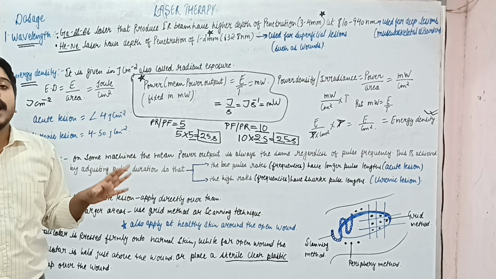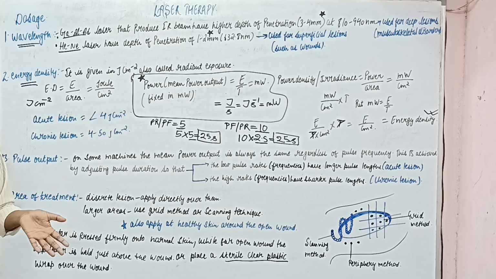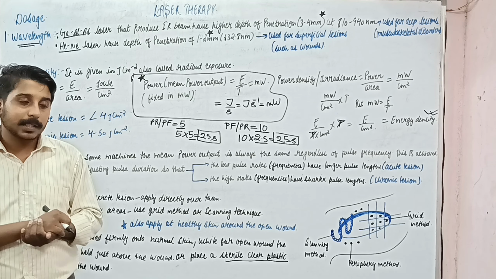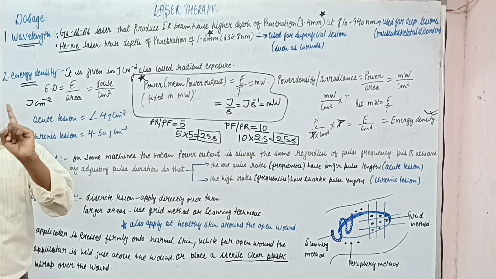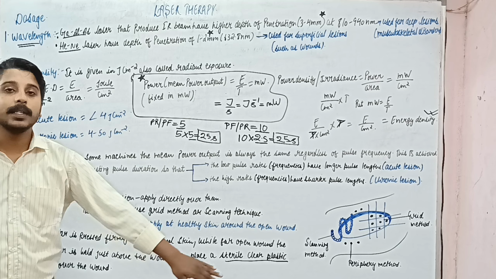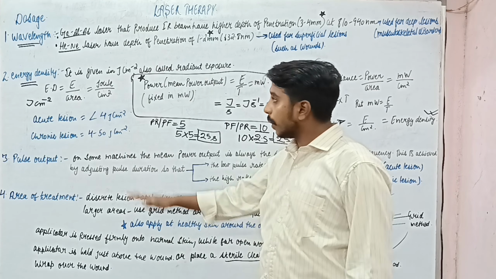Okay, so these are some methods. So for discrete lesion, that is closed, there is not any kind of open wound, we can just apply over the skin. For larger area we can use grid method, scanning method, and in open wound we can apply it at the periphery as well as by covering the lesion. Okay, so this is the whole about the dosage.